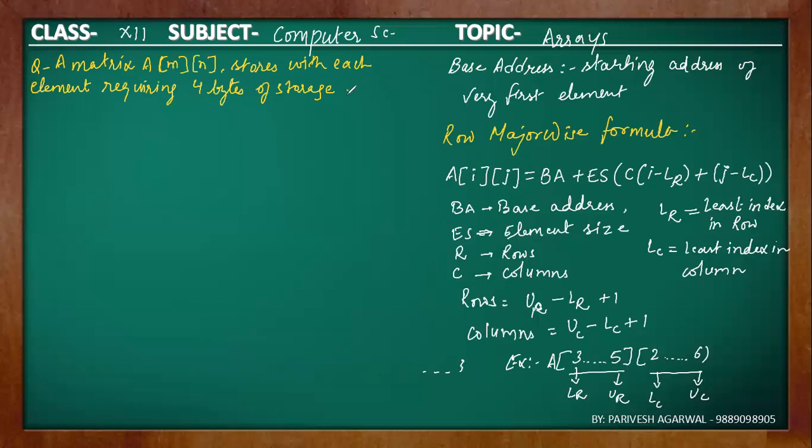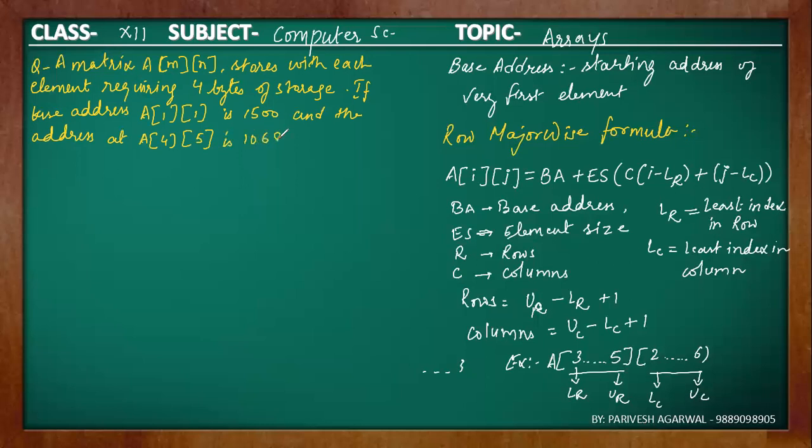So here the base address has been given. If the base address at A 1 by 1, which indicates that 1 by 1 is the location, or LR and LC, is 1500. This is the base address. And the address at A 4 by 5 has been given to you as 1068.